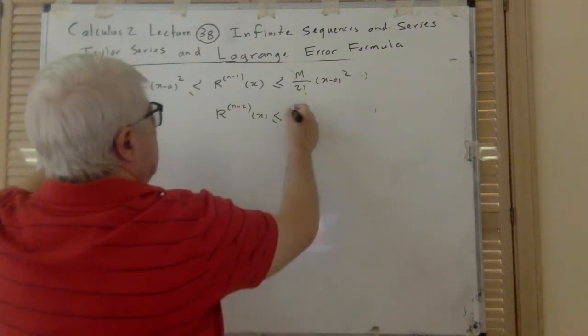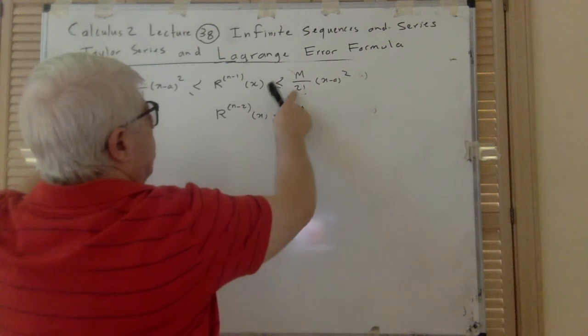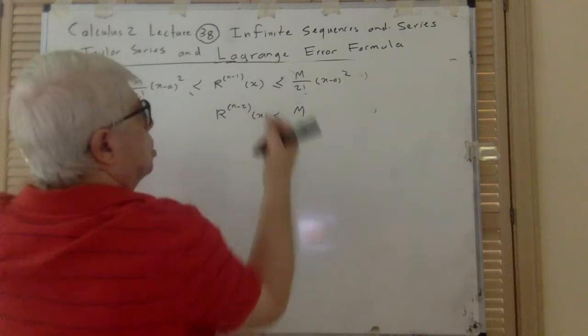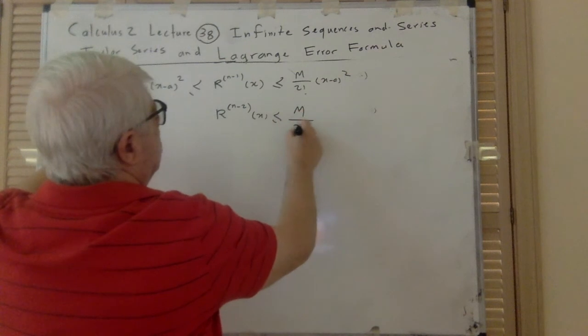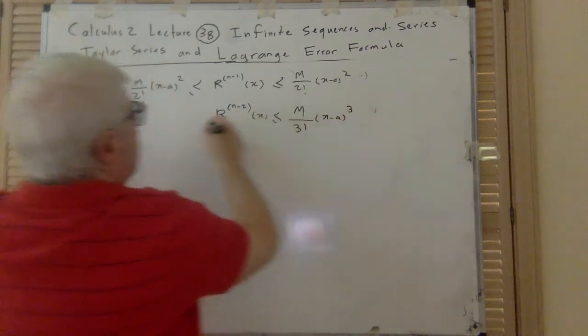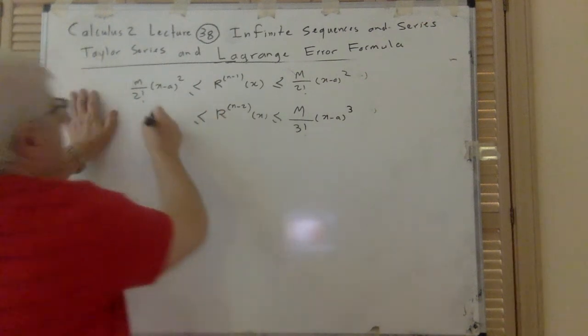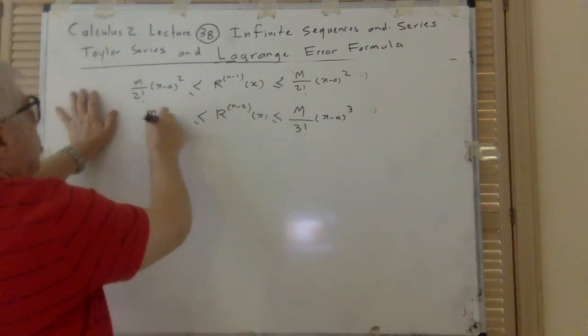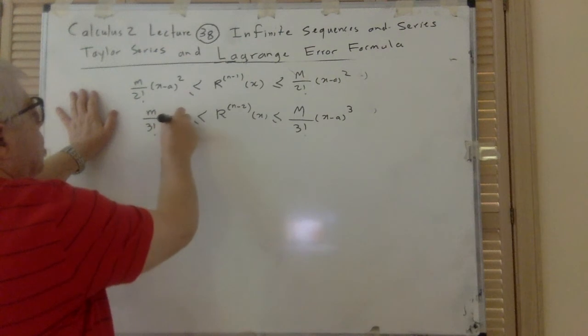So I will get m over 2 factorial times 3, which is 3 factorial, right? So 3 factorial x minus a cubed. And on this side I have m over 3 factorial x minus a to the power 3.